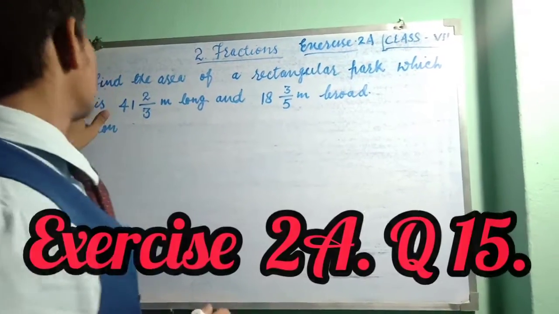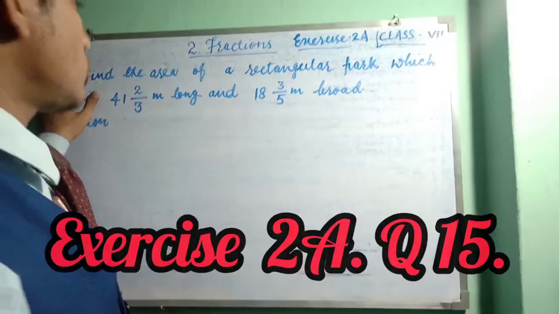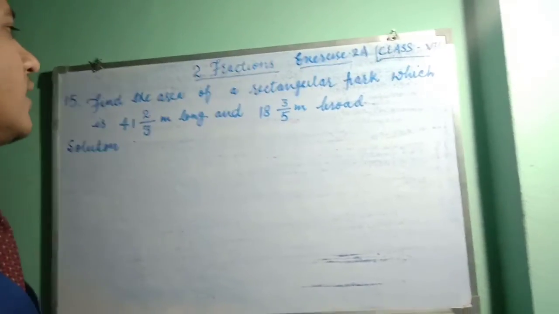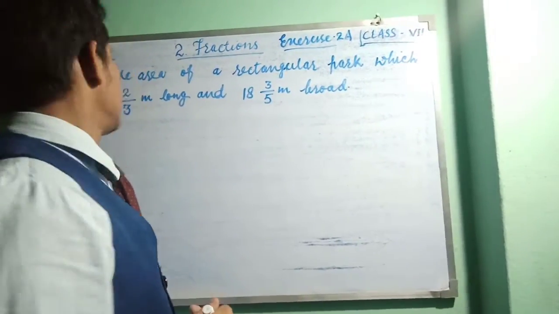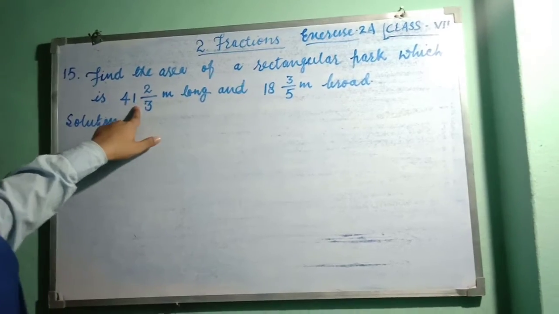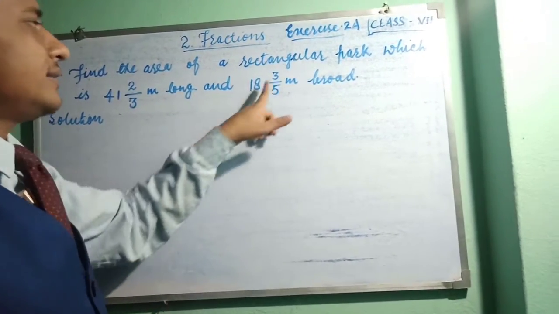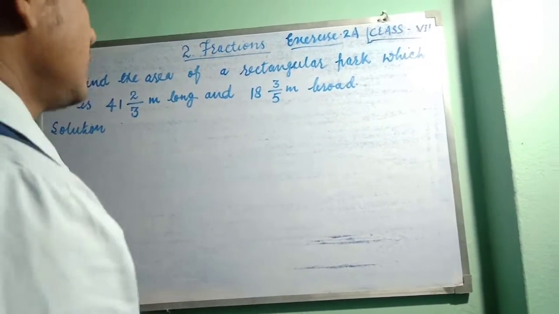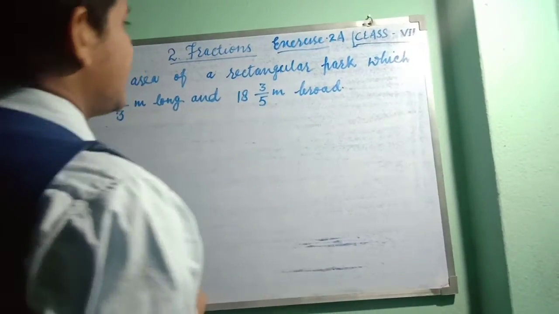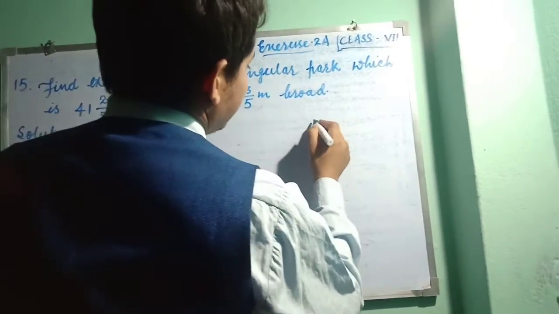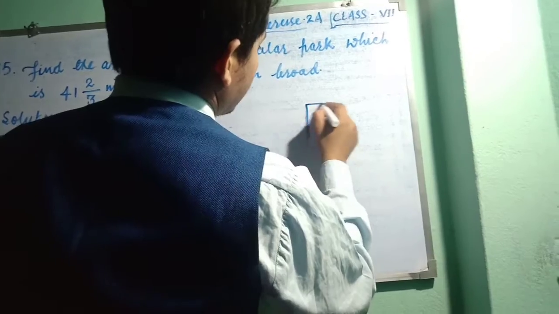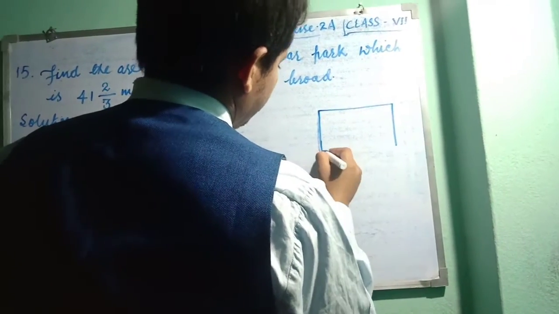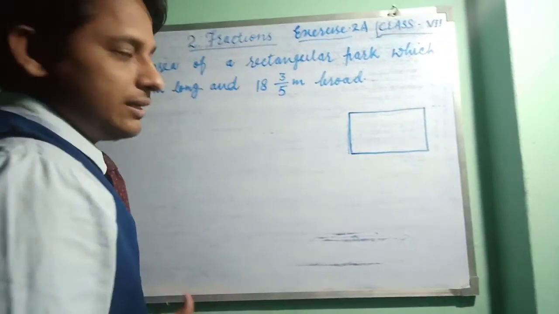See the last question, question 15 of exercise 2A. Find the area of a rectangular park which is 41 2/3 meter long and 18 3/5 meter broad. First we have to draw the rectangular park. Suppose the rectangular park is here. That means the shape is rectangle.